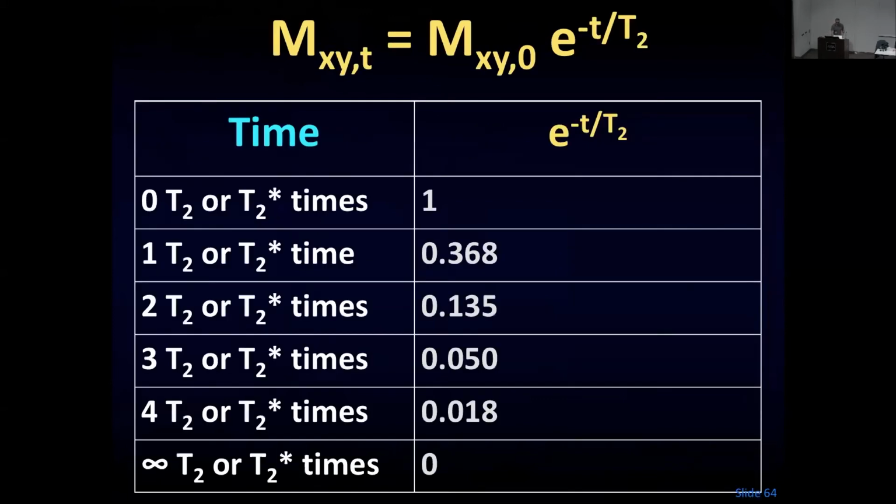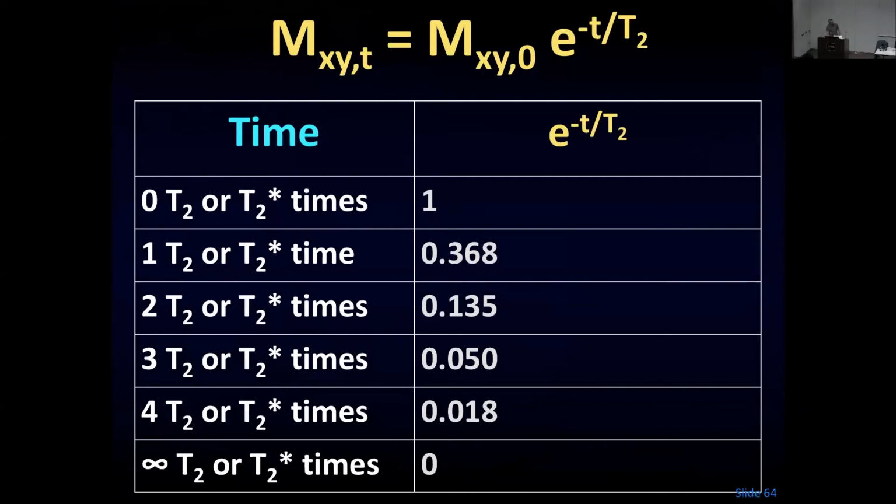And just like with T1 relaxation, we're going 63% of the way from where we are to where we're going. It's the same thing over here. We start out with a relative signal of 1, and after an infinite amount of time, we're going to get to 0. So after 1 T2 relaxation time, we're going to lose 63% of our signal.